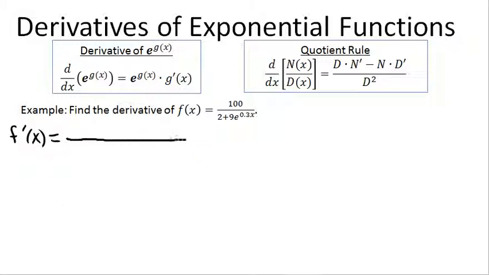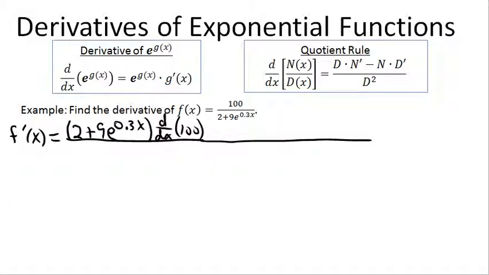The quotient rule is a quotient, so I'll write a fraction bar in there. And the quotient rule says you take the denominator, which would be 2 plus 9e to the 0.3x, and you multiply it by the derivative of the numerator, which is 100.